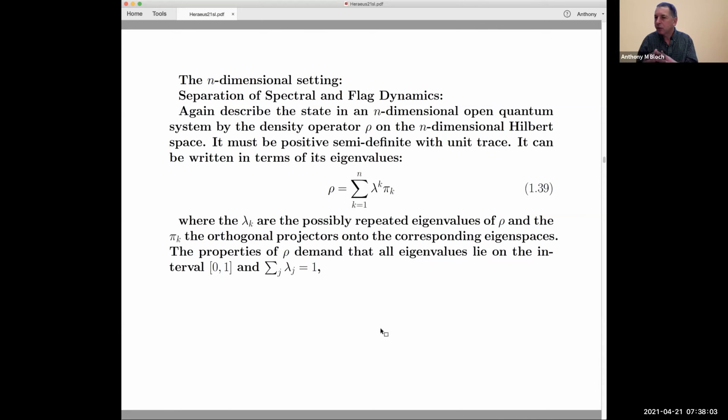And again, you want to think of the same kind of picture, that you're on some sort of unitary orbit which you can control, which is defined by the lambdas, but you'd like to also be able to use the Lindblad terms to move around and change the lambdas, basically. So the properties here of rho: all the eigenvalues lie in the interval [0, 1], and sigma lambda j is equal to 1.